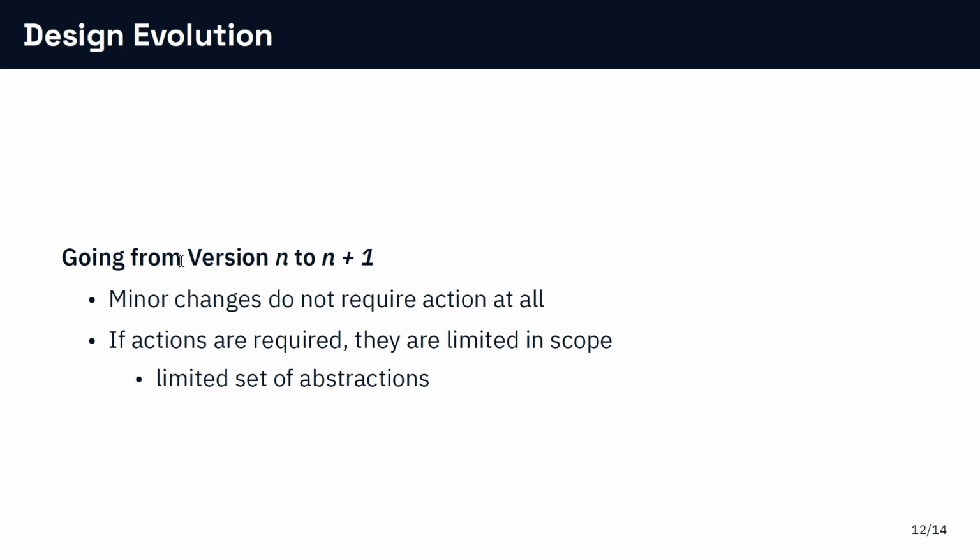If you make bigger changes, for example you replace a part that is much bigger, it requires more actions. And the biggest change would be if you, for example, decide to split a step into 2 steps. But even then, because of the abstractions that we used in this documentation workbench, the scope of where you have to adapt things is very limited, to about 5 places or so in the software.